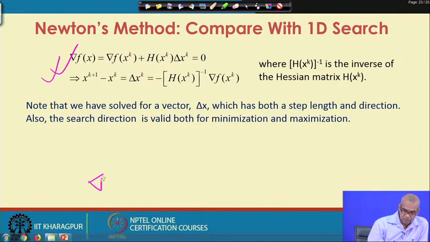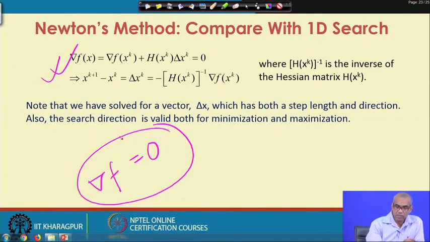This is the first order necessary condition for optimality, for minimization as well as maximization. So, the search direction is valid for both minimization and maximization.